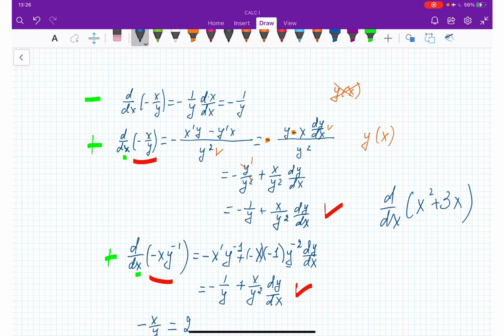However, when we differentiate terms that involve y, then we must apply the chain rule. Why? Because we assume that y is defined implicitly as a differentiable function of x. If it's not a differentiable function of x, like here, one way or another it will be mentioned in the condition.